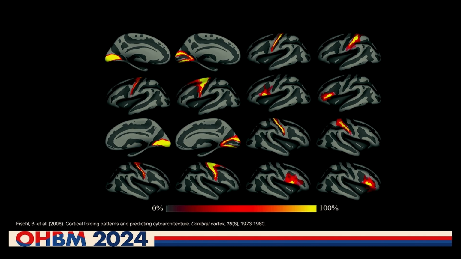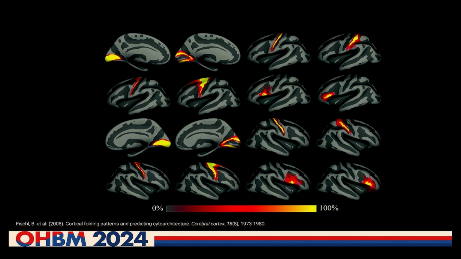And as we expect, areas like V1 here, V2, and part of the primary motor cortex, there's very good correspondence between a cortical fold and that area defined histologically.